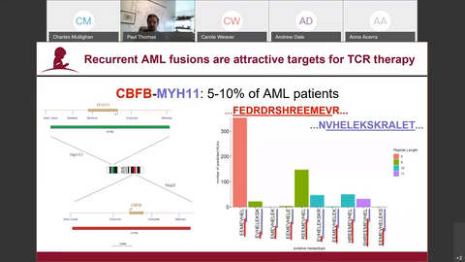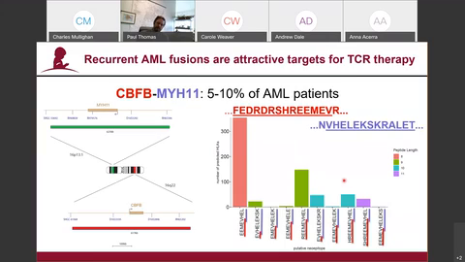And there are similar, though not as penetrant as the ETV6-RUNX1 fusion in ALL, but still relatively high frequency fusions like core binding factor in AML, some of which have that same profile in terms of at least our in silico predictions of being robust HLA binders that will be good targets for endogenous T cell repertoires. And so we're actively fishing out TCRs for these fusions now, and hopefully we'll have an update on that soon.